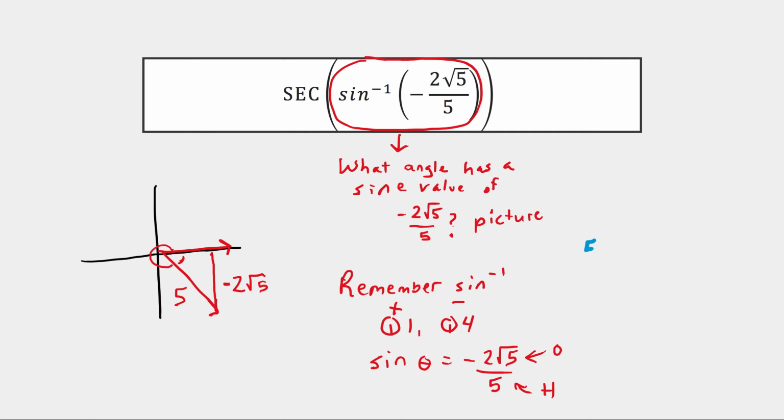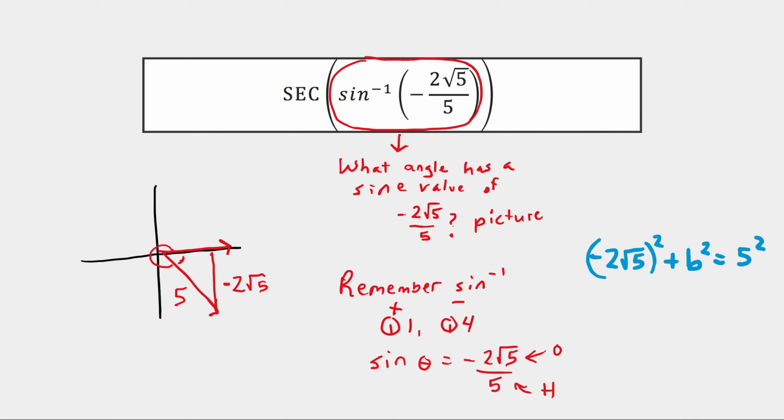So I'm going to take 5 squared. That's my hypotenuse, and let me do it in the right order. Hold on just a second. All right, so we're going to take that negative 2 on the square root of 5 and square it. That's one leg, and the other leg we don't know, so we'll call that b, and we're going to set it equal to our hypotenuse squared.